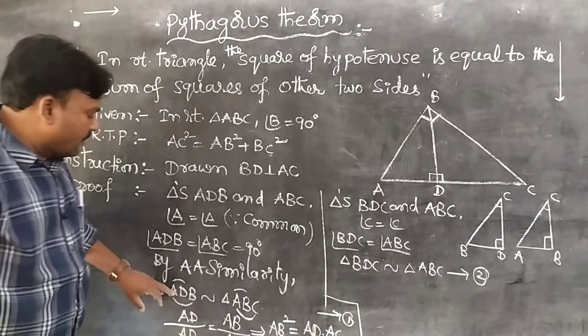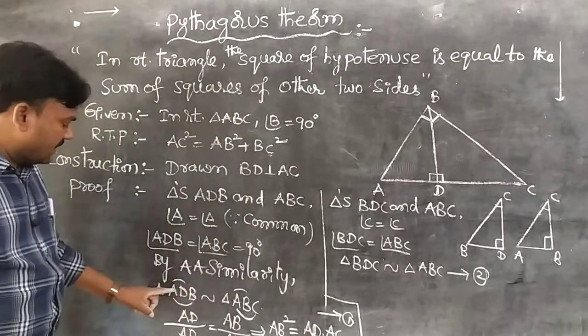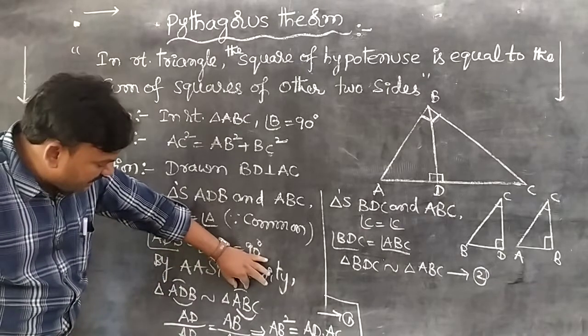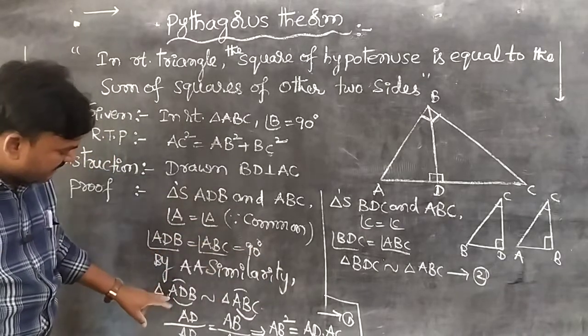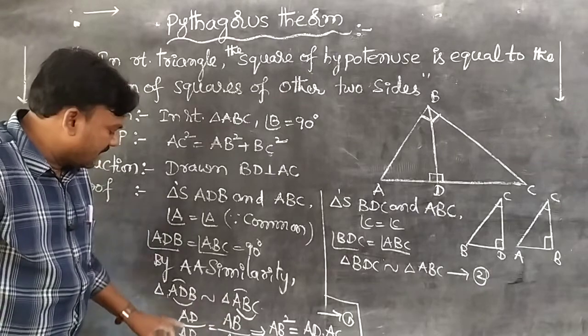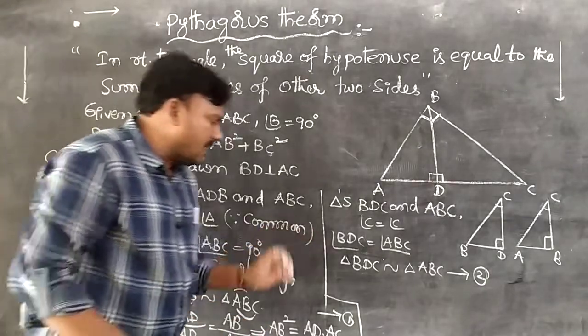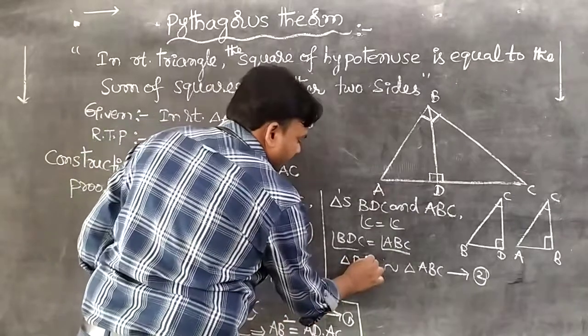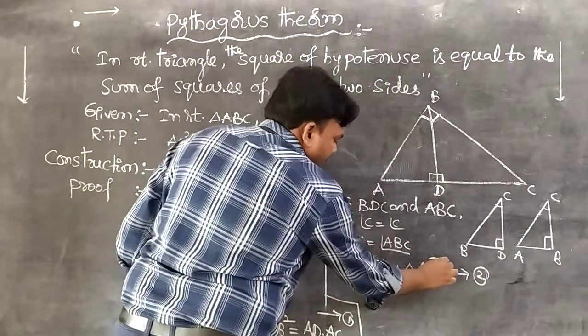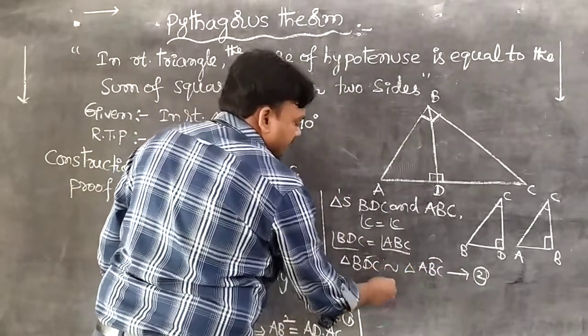So we are proving both are similar to each other. Then AD by AB equal to AB by AC. Then cross multiplication AB into AB, AB square equal to AD into AC. Same procedure here. We have taken at last, so here observe DC nothing but CD.